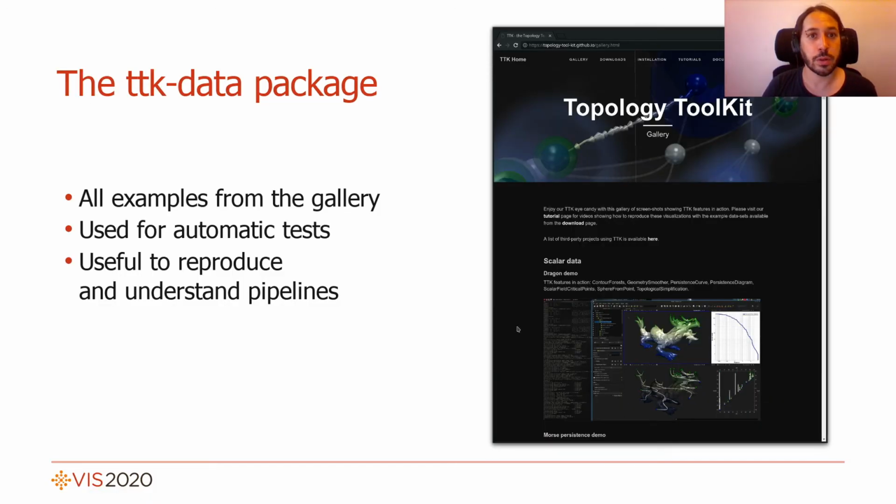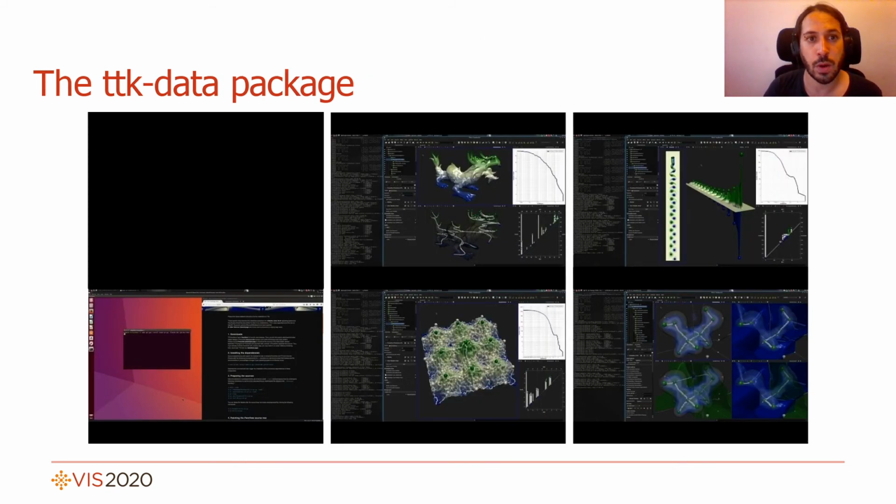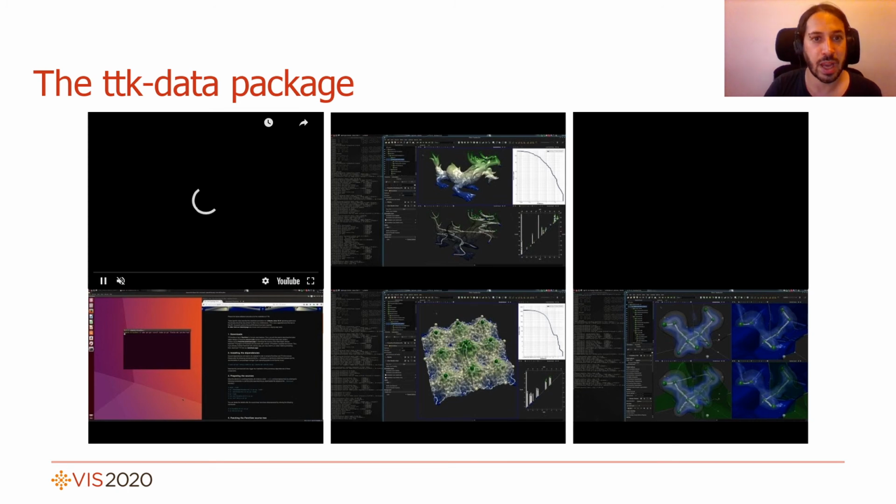We also provide a data package that contains all the data sets in PowerView state files for the examples shown on the website. So it's a great entry point to TTK because with this you can replicate everything that is available on the website and understand how the different pipelines were put together. We also have a number of video tutorials that explain on a step-by-step basis how to replicate the examples from the website.